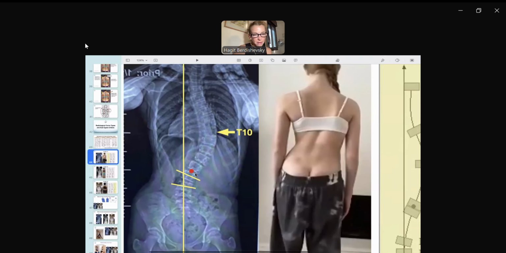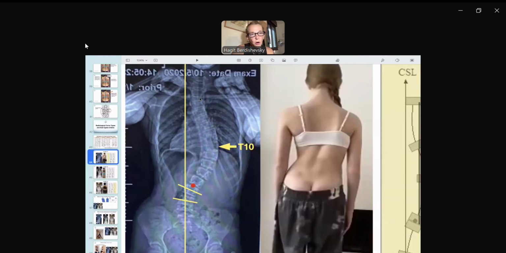Also good to see L3, but at times, L4 right now. And I see that the direction of L4 is in the same direction of the whole bottom of the thoracic curve, basically. So we have here one long thoracic curve, low, because the apex is low, coming down really to L4, in the same direction, even rotated.